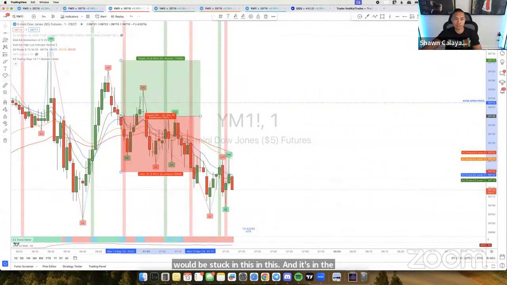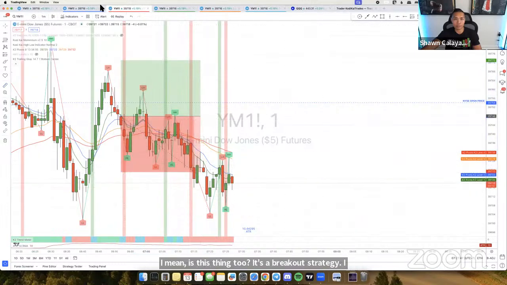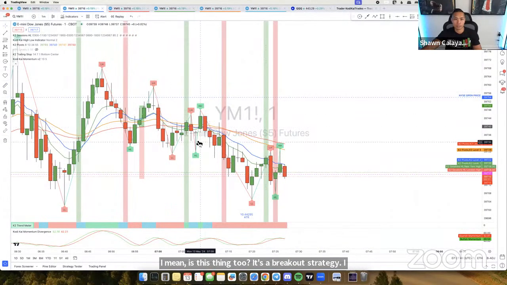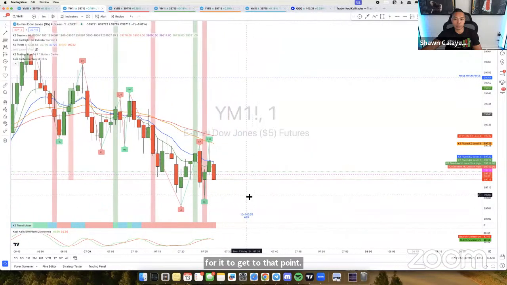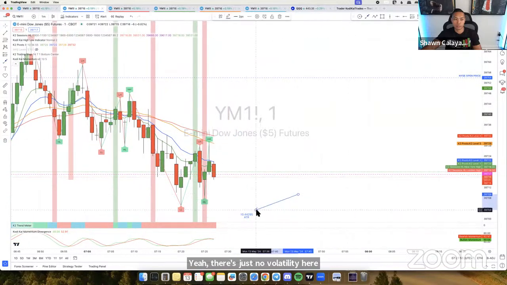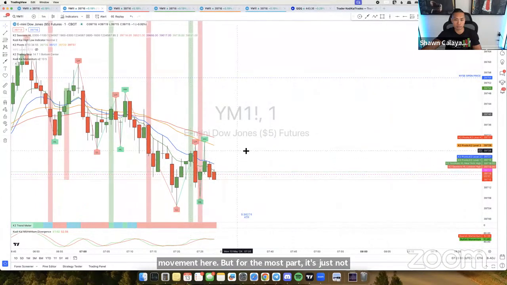It's a breakout strategy, and it took over 30 minutes to get to that point. There's just no volatility here. The ATR is super low. Price will have random spikes of movement, but for the most part, it's just not really working.